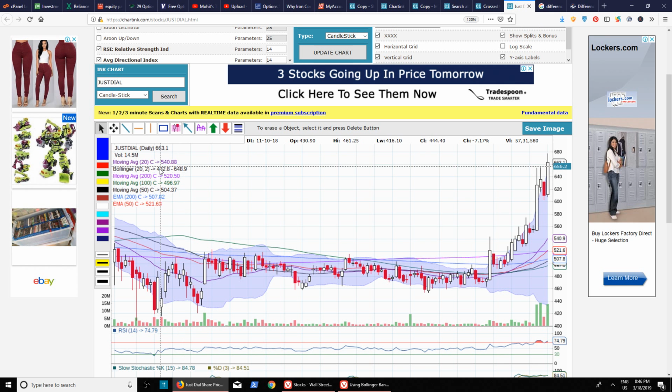This stock is trading around 430, but again, I'm just showing you an example. If it comes below that, that's a good place to buy and enter the stock. Just remember that it needs to be above the 200-day moving average, because that's generally used by an investor whenever you're trading or investing in stocks.